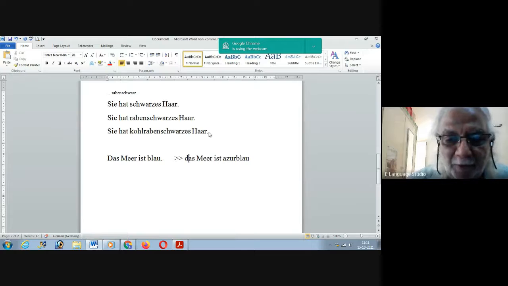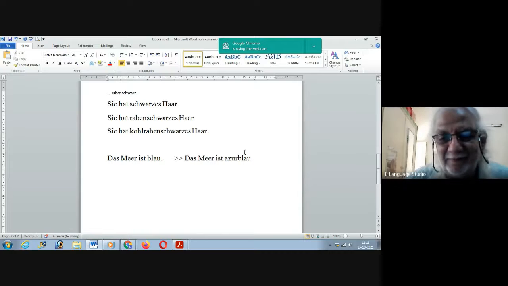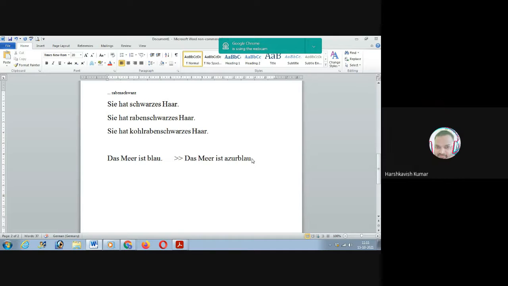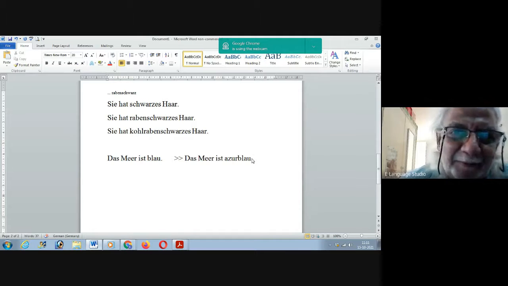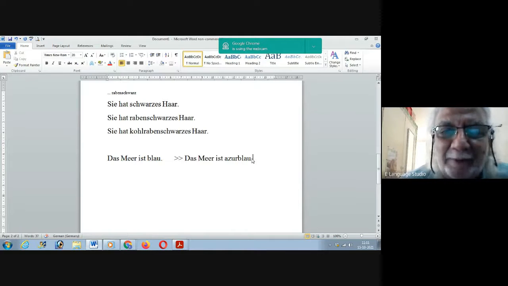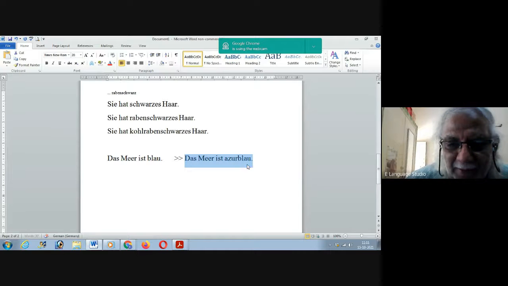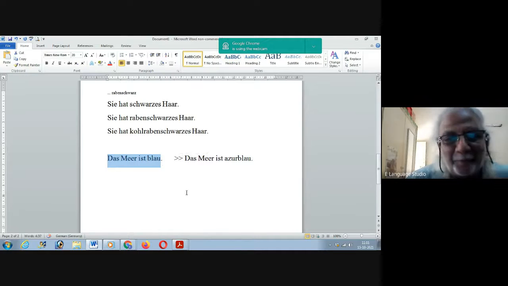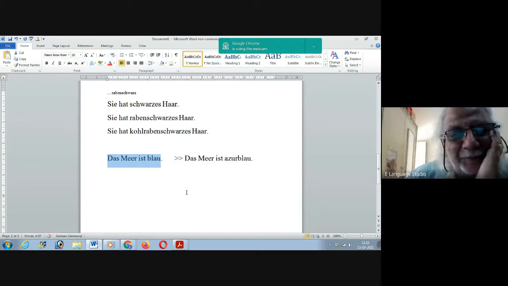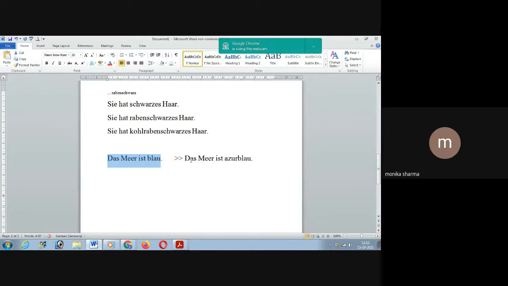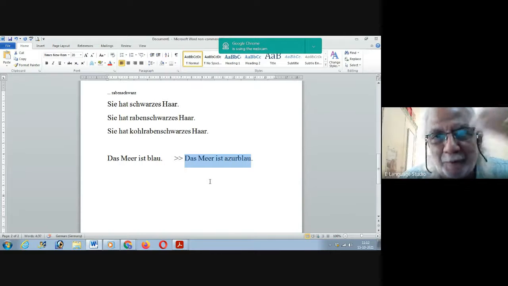Das Meer ist azurblau. Was bedeutet azur? You have to guess. Wo ist es noch blauer? Ist das Meer blauer hier oder hier? In the second sentence. So it is more blue.